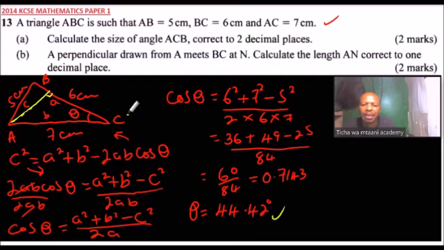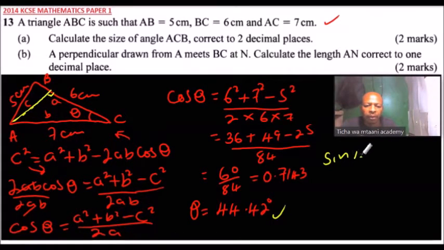Perpendicular means it makes an angle of 90 with BC, and therefore since we already have this side and the angle, we can use the sine of angle 44.42 degrees, which we have calculated. The sine of this angle is opposite, our opposite is AN, you divide by the hypotenuse, which is 7.